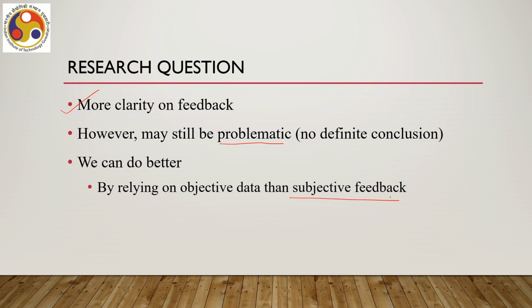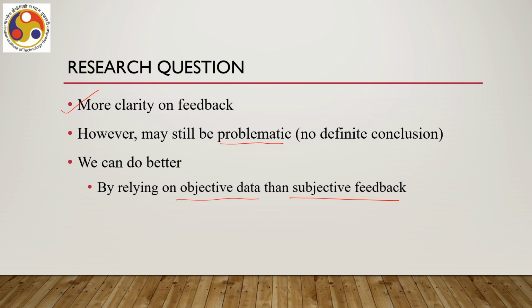The good part here is that because of the nature of the research question, we can actually collect objective data such as text entry speed, rather than relying on subjective feedback to come to a definite conclusion. In order to collect objective data, we need to set up an experiment, collect the actual text entry speeds and then compare to come to a conclusion.